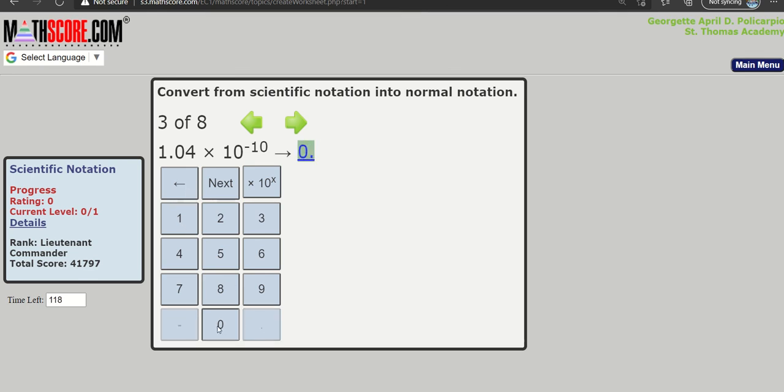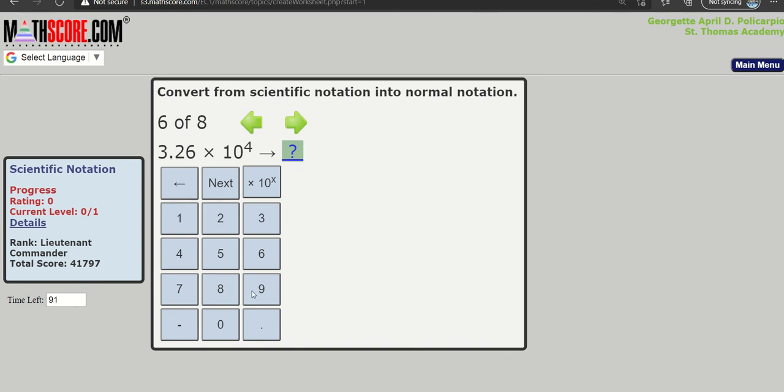0. 1, 2, 3, 4, 5, 6, 7, 8, 9, 1, 0, 4. Next. To the negative 7. 0. 1, 2, 3, 4, 5, 6. Tapos 3, 5, 4. Next. 0. 1, 2, 3, 4, 5, 6. 4, 3, 5.